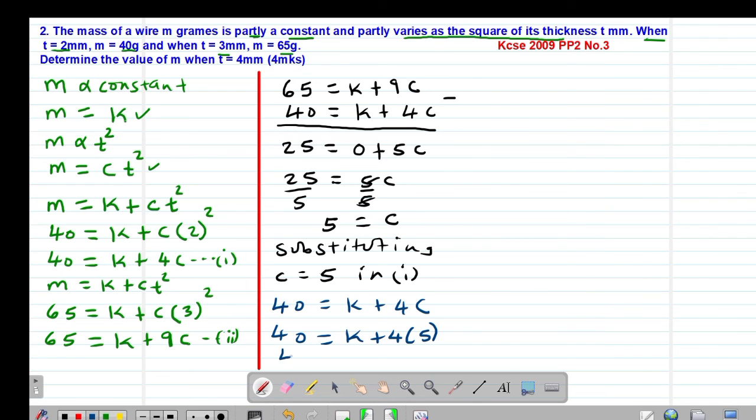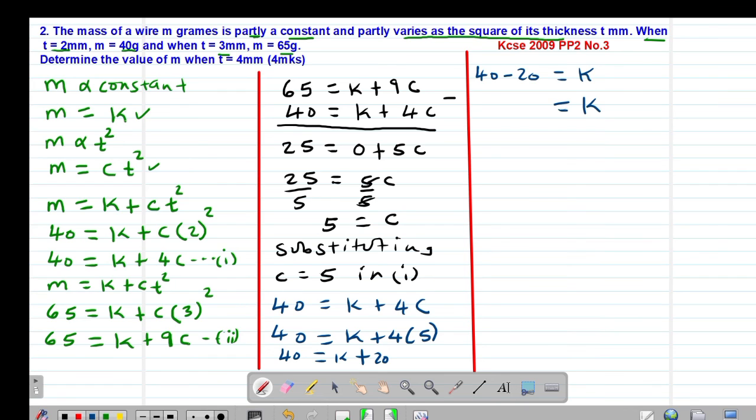So that means 40 is equal to K plus 20. Then I'll separate my working using this line here. So this will be 40 minus 20 being equal to K. So that means my value of K is actually equal to 40 minus 20, which will give me 20.